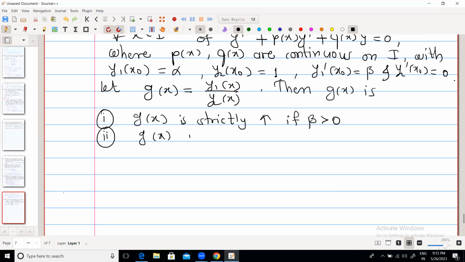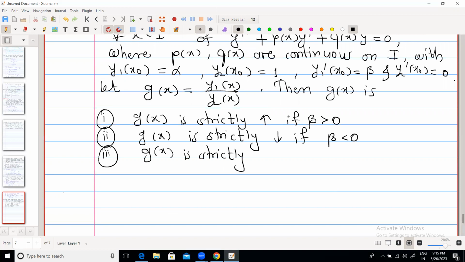Second, g of x is strictly decreasing if beta is less than 0. Third option, g of x is strictly decreasing if beta is greater than 0. And fourth one, g of x is strictly increasing if beta is less than 0.